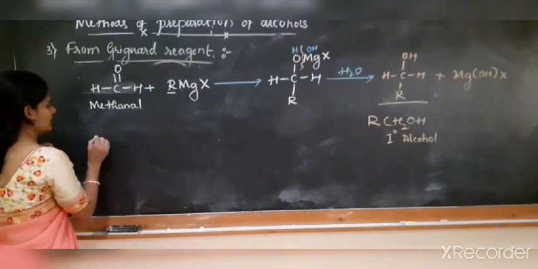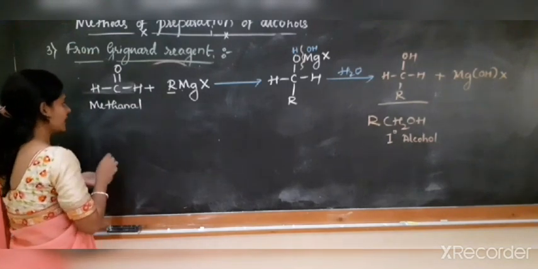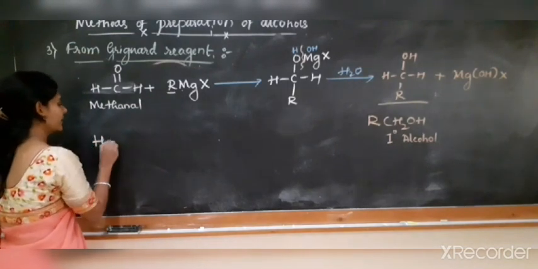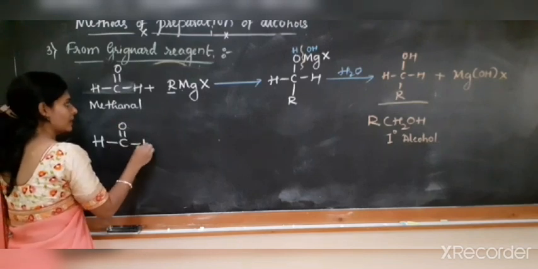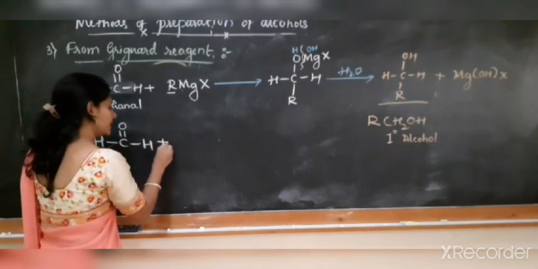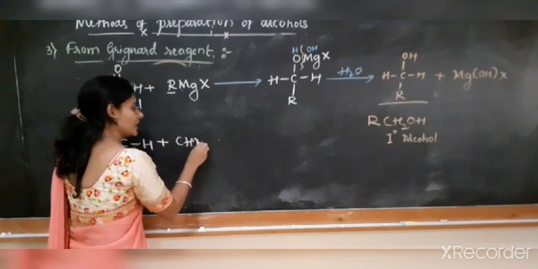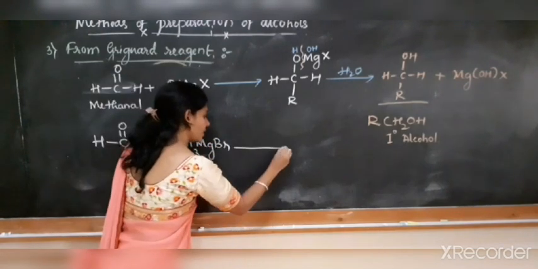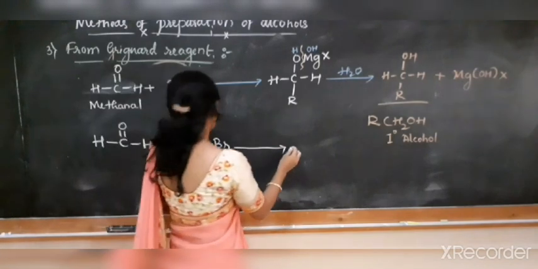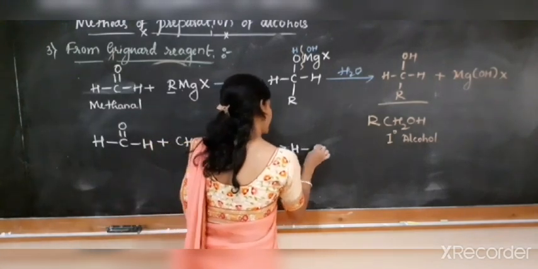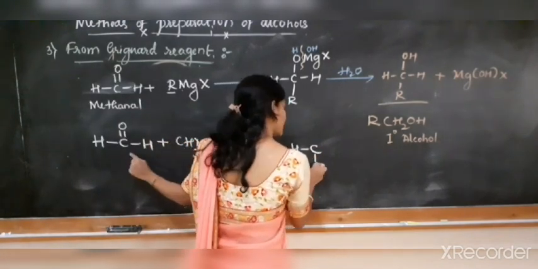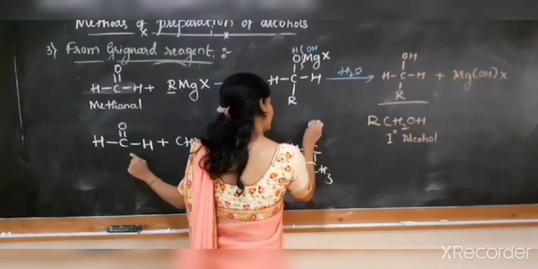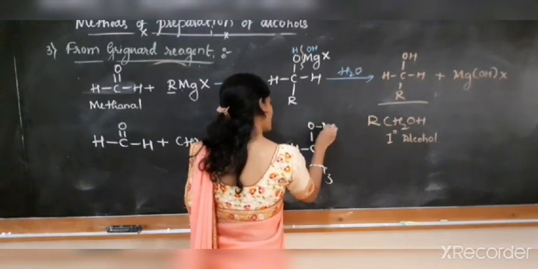If I consider a particular example, instead of R, if I put any group, what happens? See, this is formaldehyde. When it is treated with CH3MgBr, methyl magnesium bromide, the CH3 group goes and attacks the carbon, and MgBr goes and attacks the oxygen.